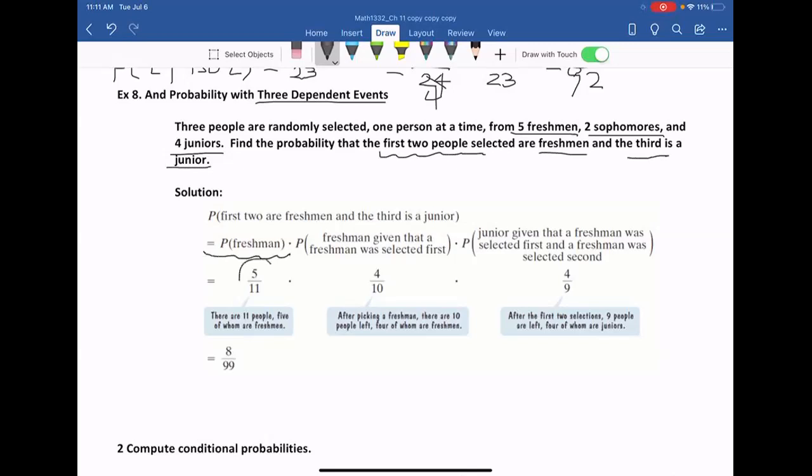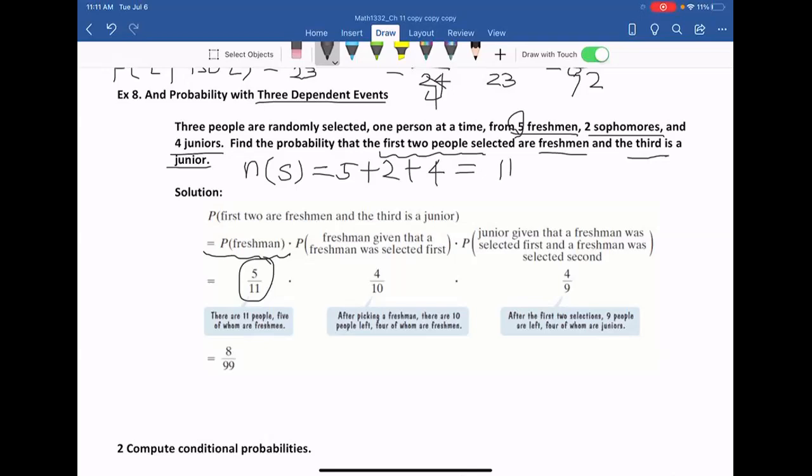The probability is the freshman number, 5, over the sample space, which equals 5 plus 2 plus 4, which is 11. So the probability is 5 over 11.